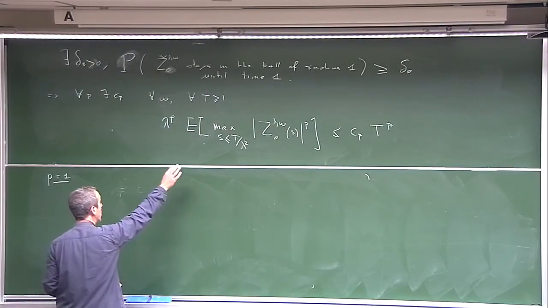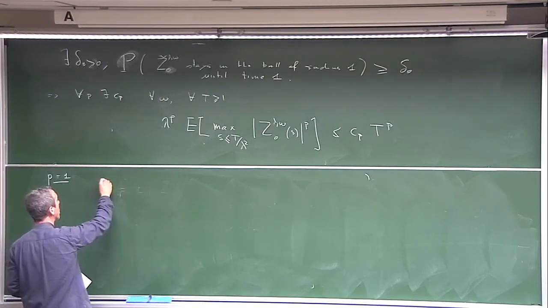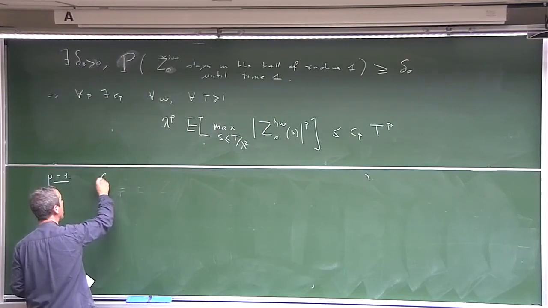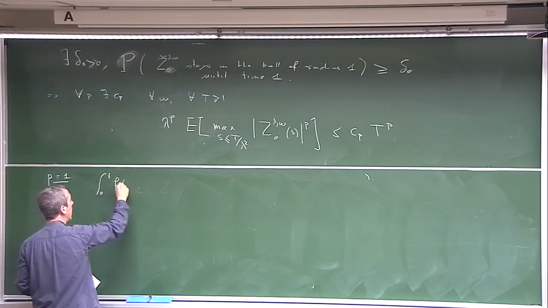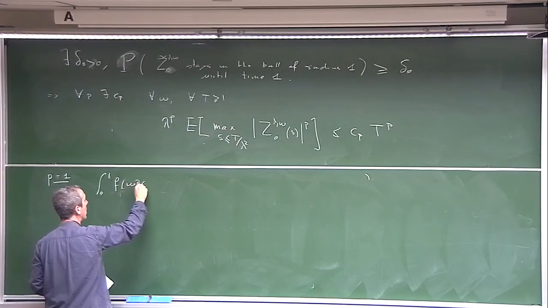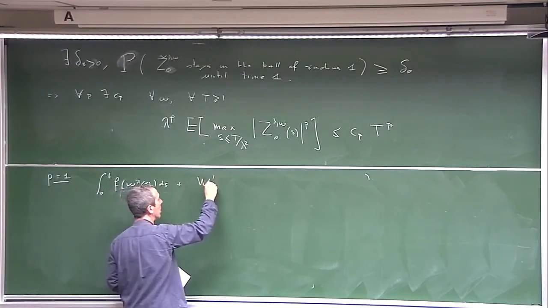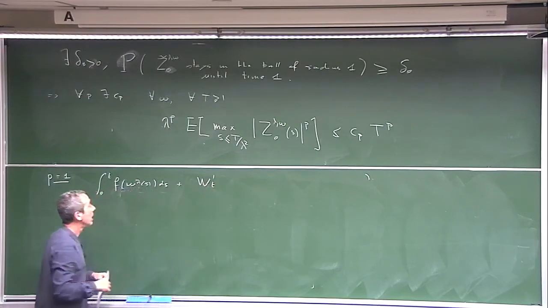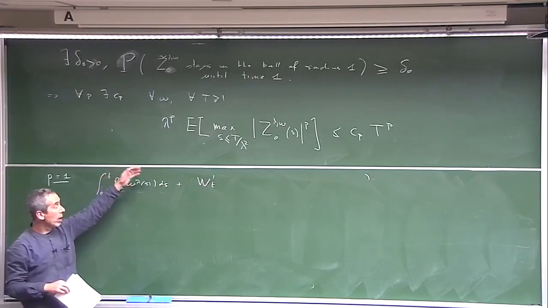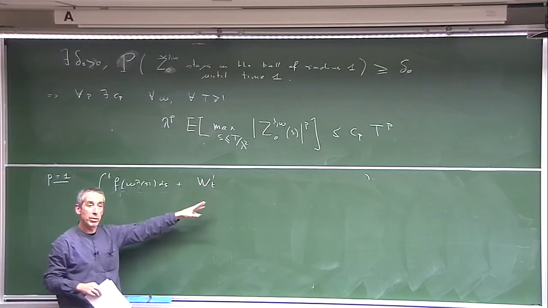So the last component of z, when started at 0, is the integral from 0 to t of f of omega lambda of s, ds, plus this Brownian motion. Now, on the scale we are looking at, the Brownian motion doesn't contribute.